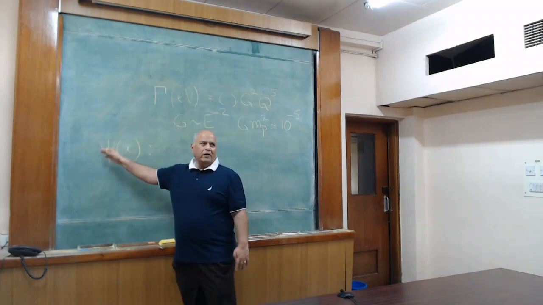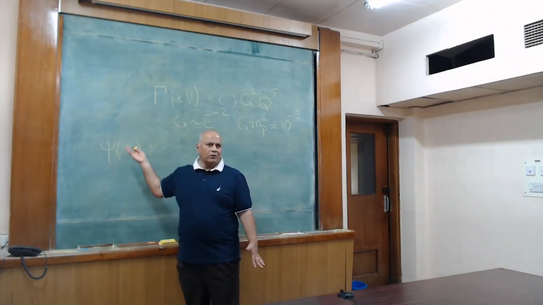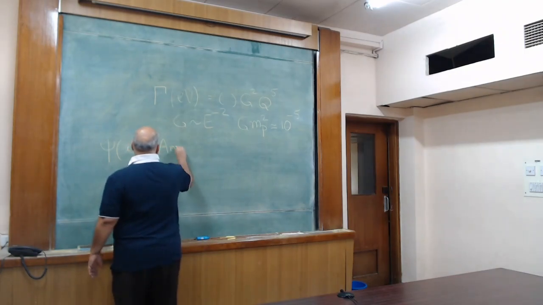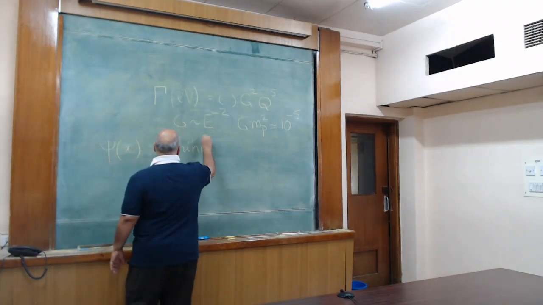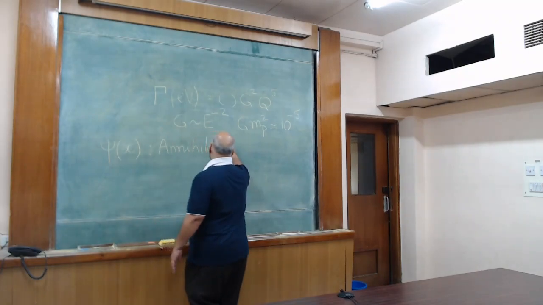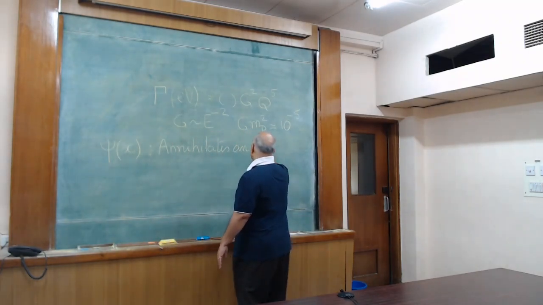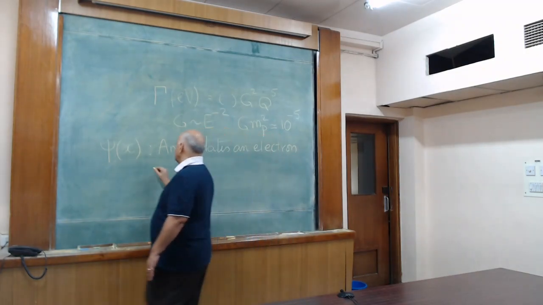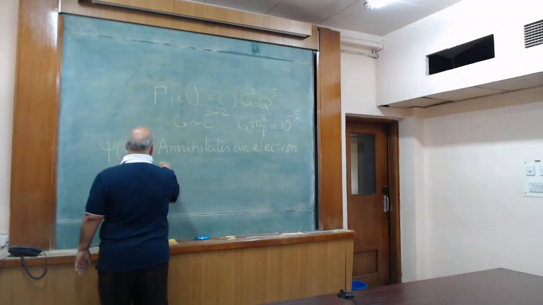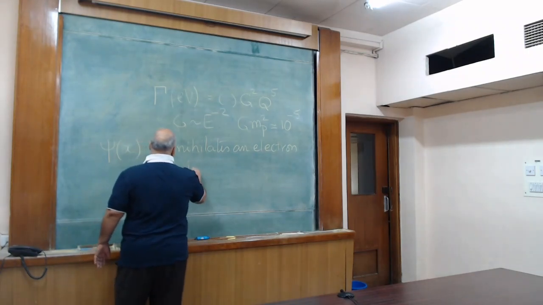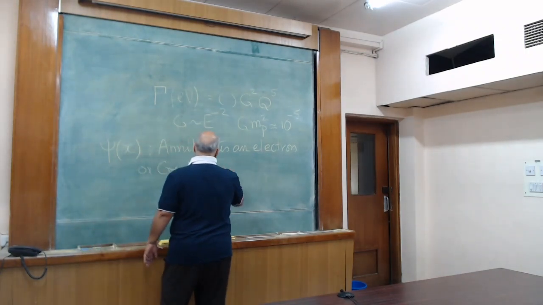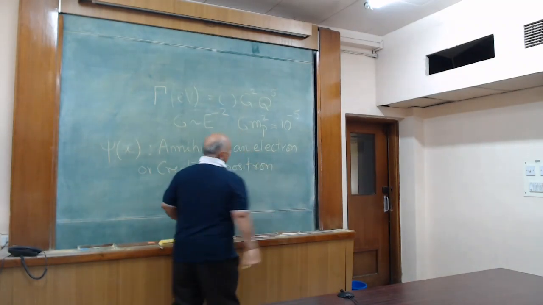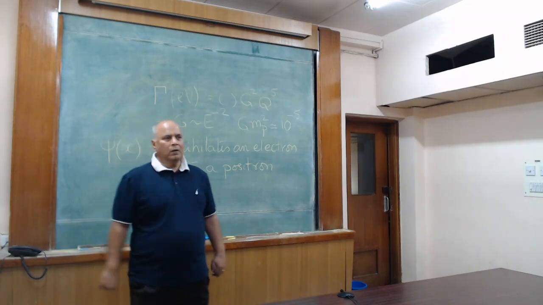If this field represents an electron, for example, it annihilates an electron or creates a positron, that is the antiparticle of electron.